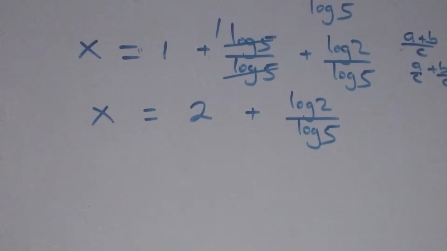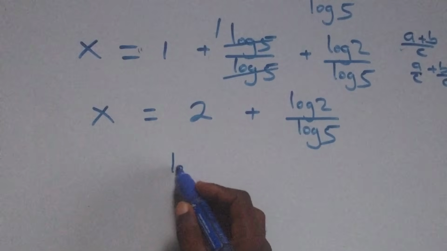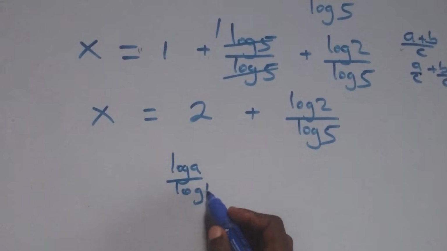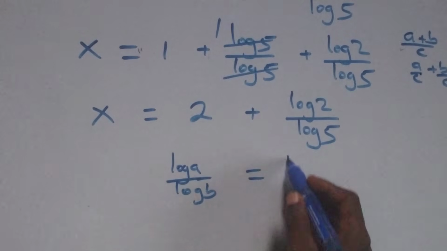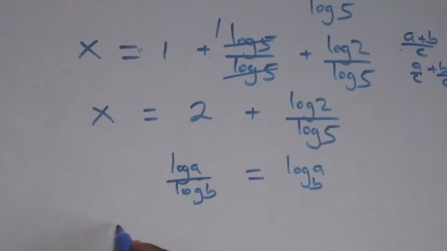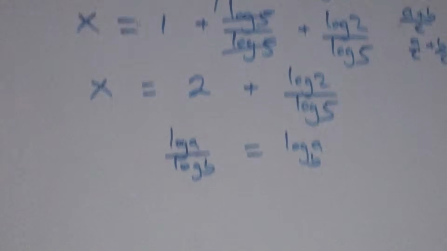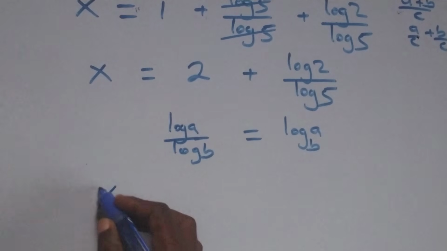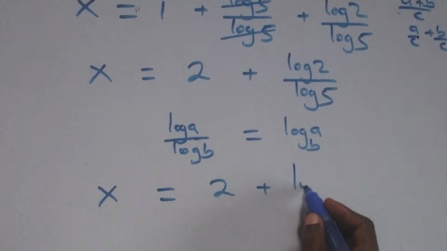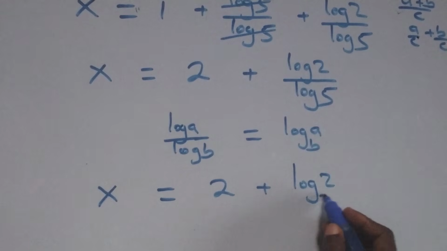And when we apply change of base here, that is log a over log b, same thing as log a to base b. So what we have here now becomes x equals 2 plus log 2 base 5.